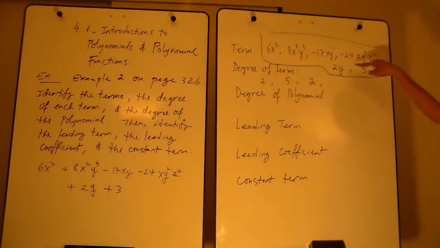How about this term, negative 24 times x times y squared times z to the fourth power? x has exponent 1, plus 2, the exponent of y, plus 4, the exponent of z. 1 plus 2 is 3, 3 plus 4 is 7.